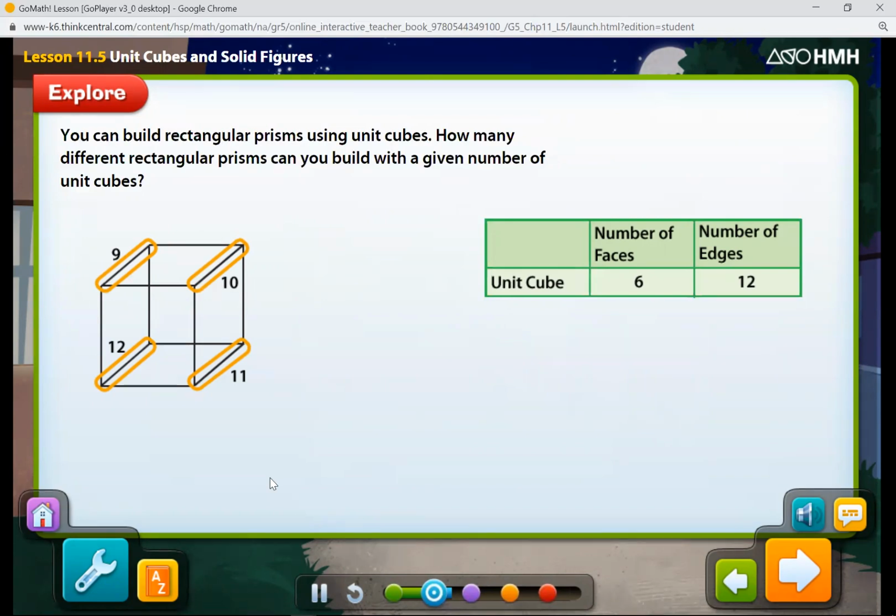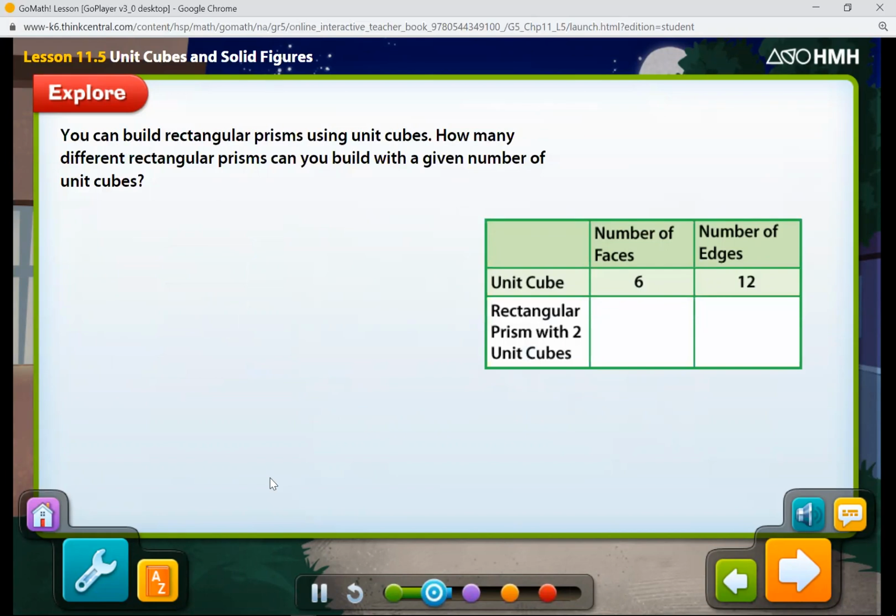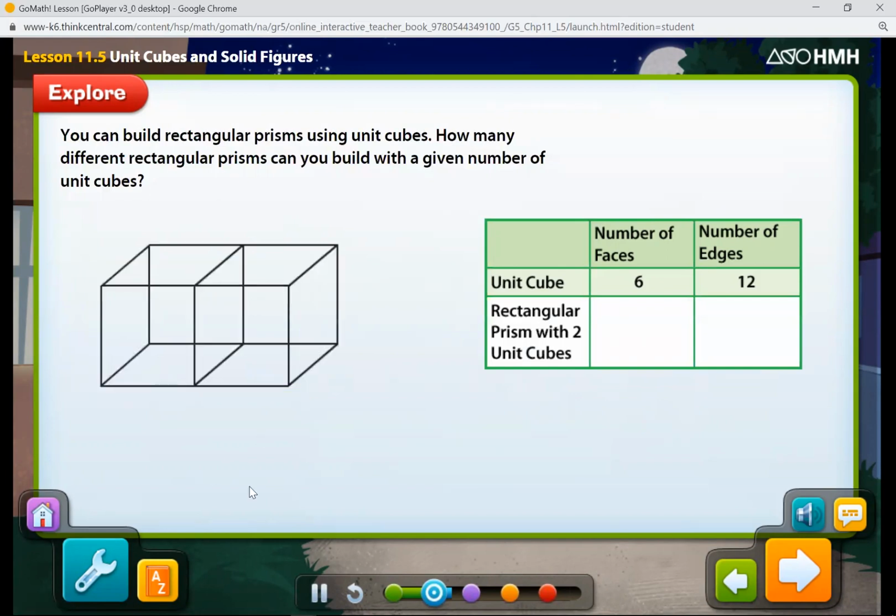The lengths of all its edges are equal. Now let's build a rectangular prism with 2 unit cubes. How many faces does this rectangular prism have? Think, when the 2 cubes are pushed together, the faces and edges are pushed together to make 1 face and 1 edge.